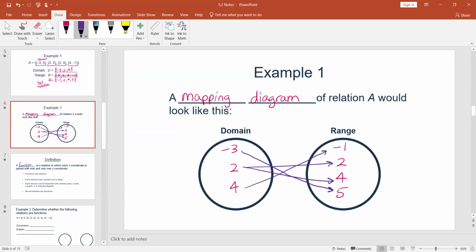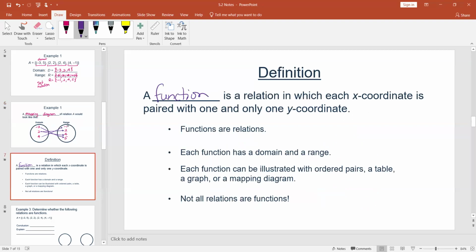So if we look over here, you'll notice that the number 2 in the domain actually has 2 arrows coming from it. So it has 2 different y coordinates in the range that it's paired with. So that would not be a function because the x coordinate is paired with 2 y coordinates instead of just 1.